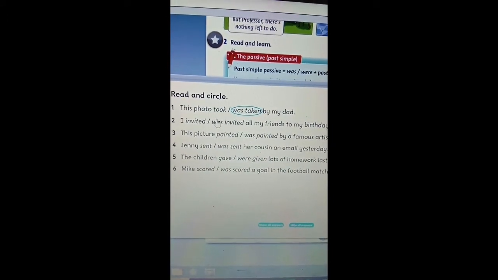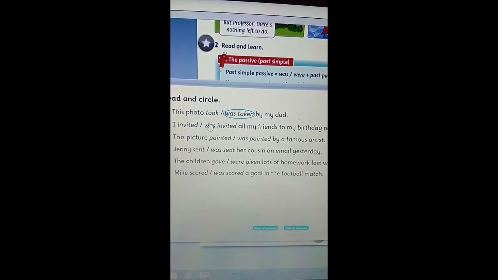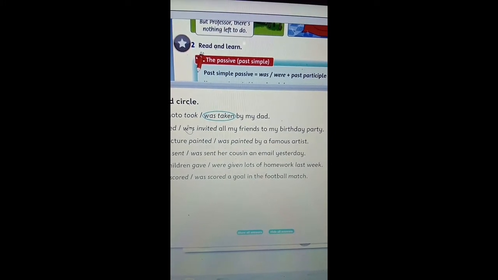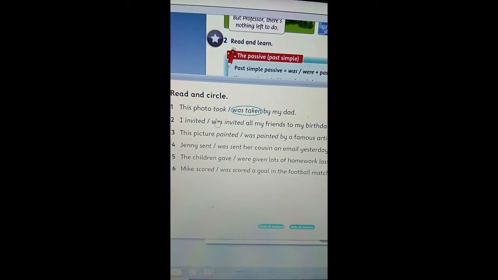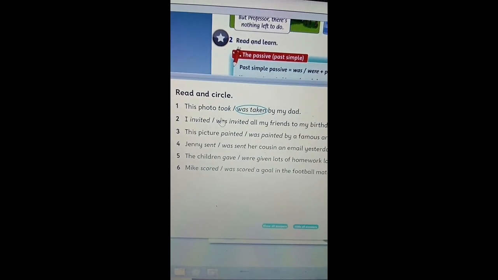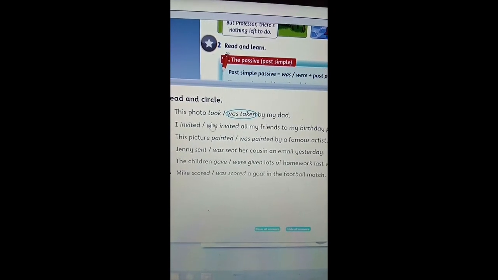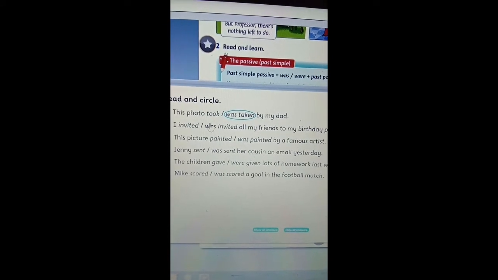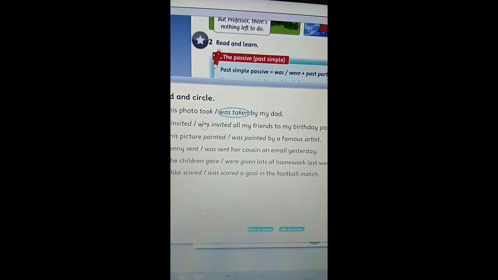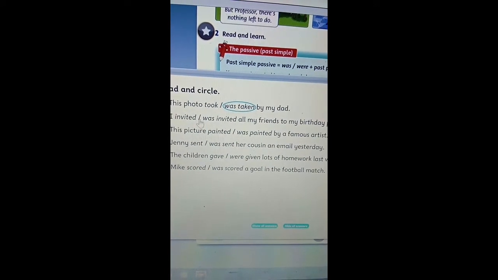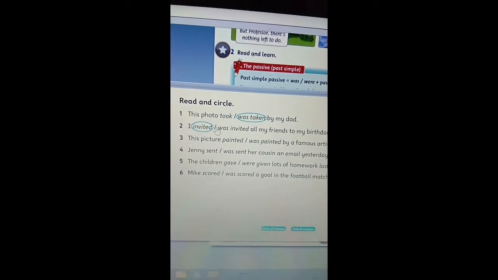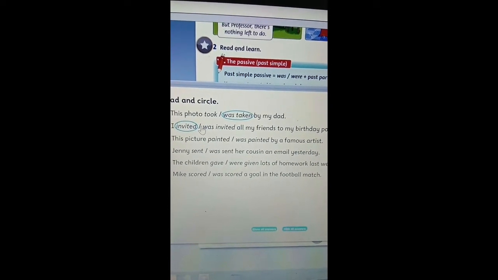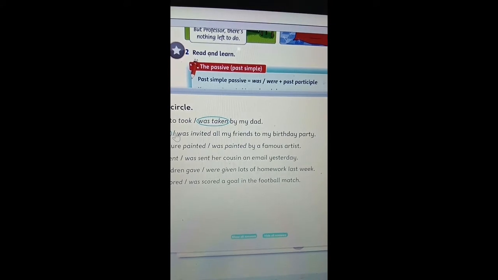Number 2, I was invited all my friends to my birthday party. So do you think we need the active or the passive there? So let's have a look what the answer is. I invited all my friends to my birthday party.